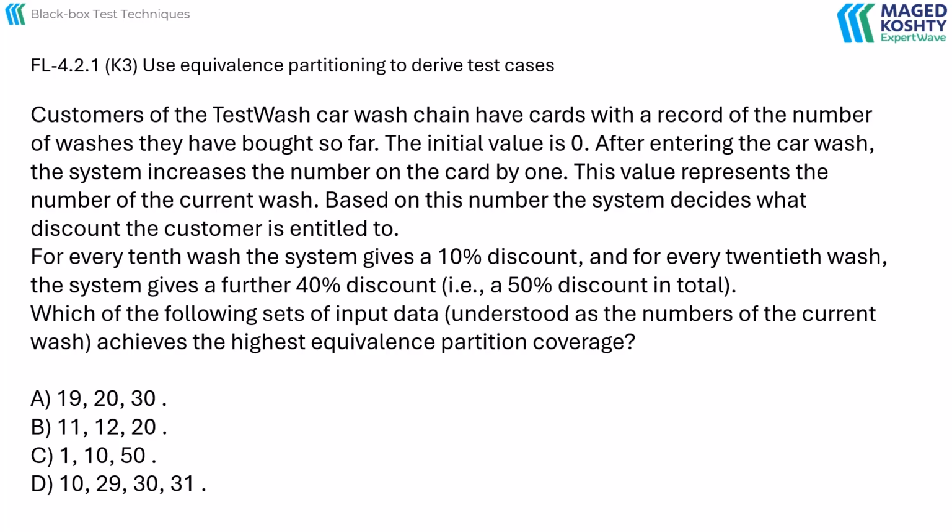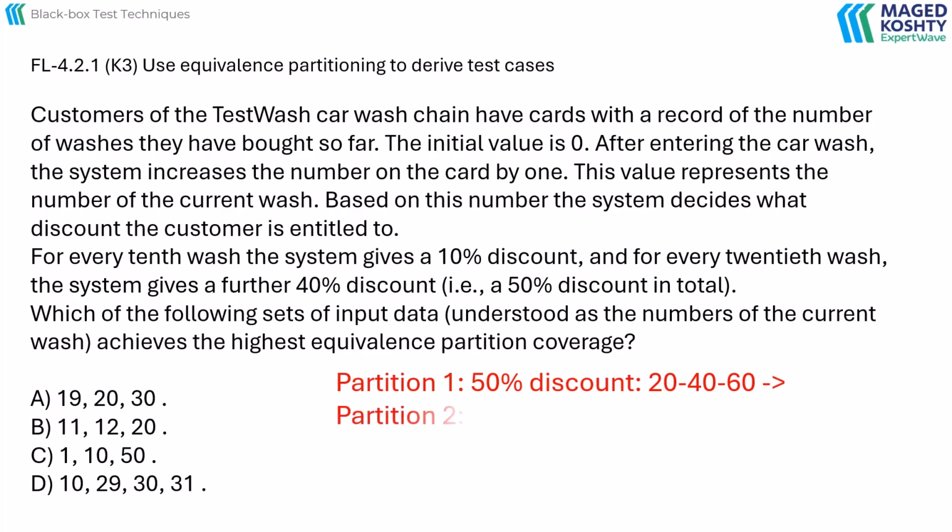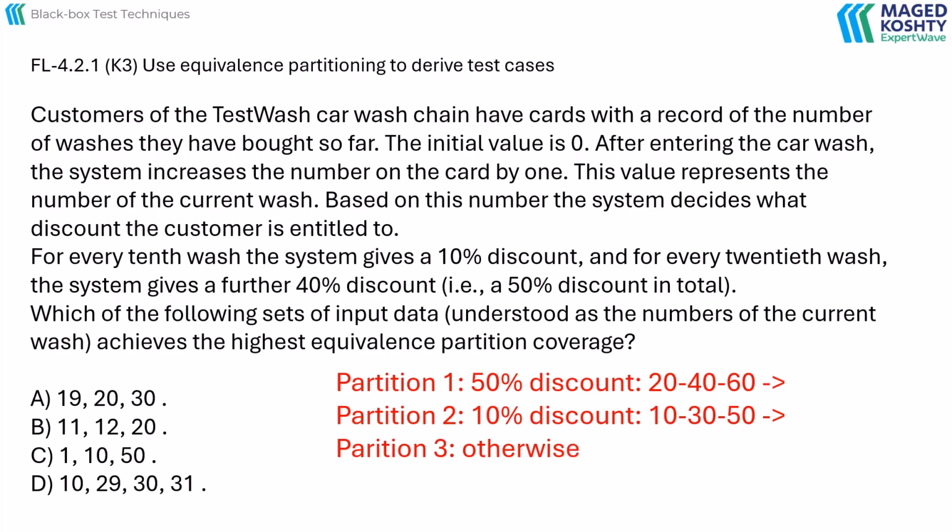Notice that they say for every 10th and for every 20th. 50% discount for wash number 20, 40, 60. This is a partition. We will call this partition 1. 10% discount for wash number 10, 30, 50. This is a partition. We will call this partition 2. Any other wash number will get a 0% discount, and we will call this partition 3. We want the highest coverage, so covering 3 partitions is ideal.